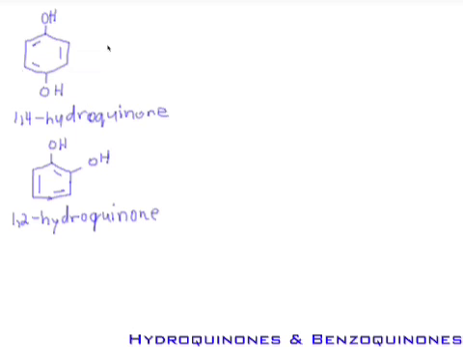Now, we're going to use O in square brackets as usual to represent an oxidizing agent. You go backwards if you use a reducing agent, so that's H in square brackets.